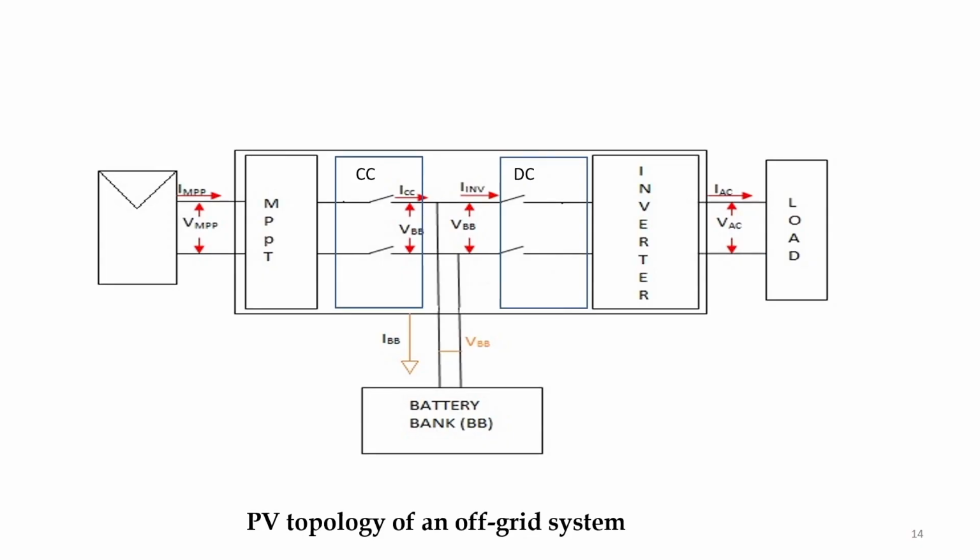Now, let us move to the derivation part. So, this is nothing but the PV topology of an off-grid system. We will have PV systems, then MPPT here, maximum power point tracking. This is charge controller, this discharge controller, we have inverter, then load, right. And in between we will have battery bank. So, solar radiation falls here and then it goes through MPPT and then charge controller, and then we have storage.